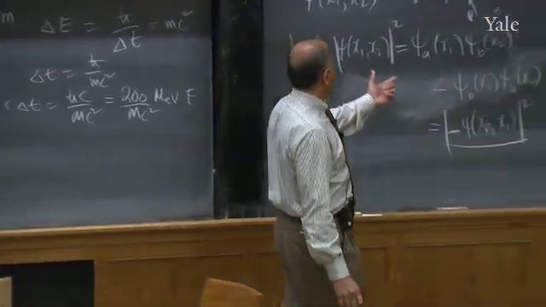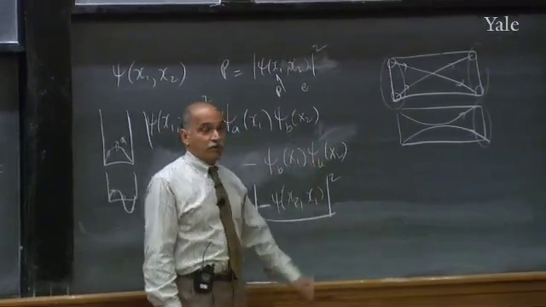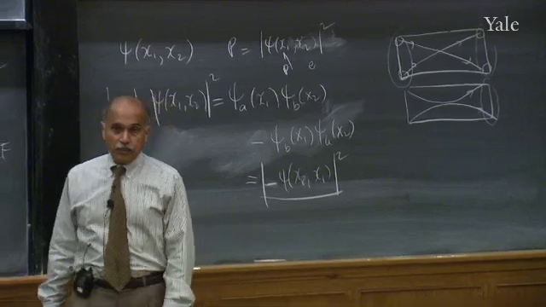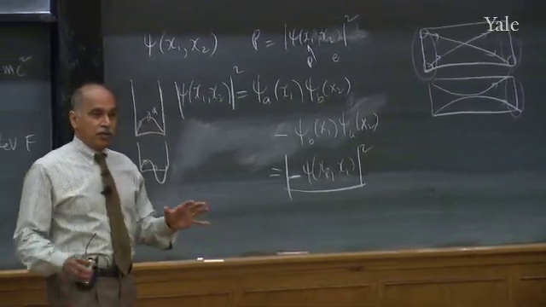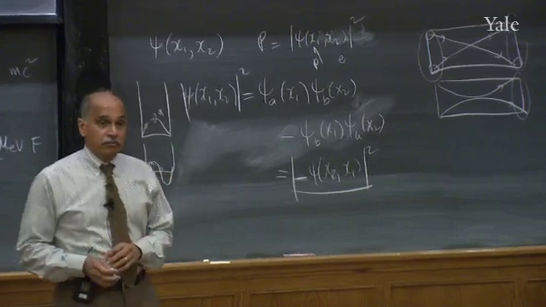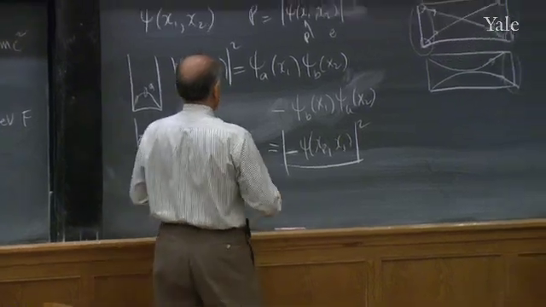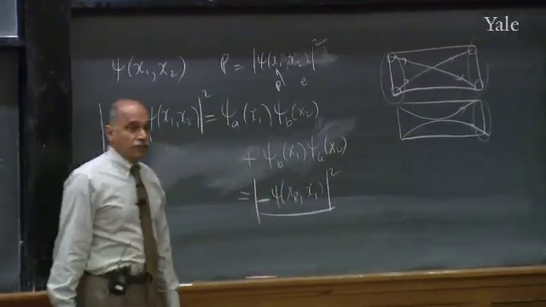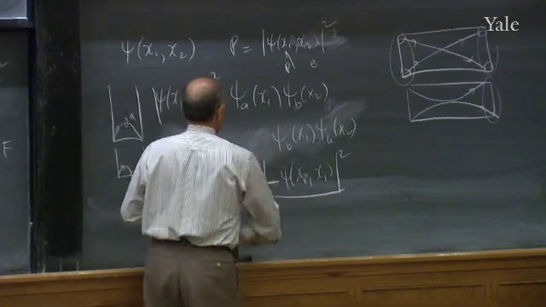Either you can take the product function and add to it the product with the reversed coordinates, or subtract from it. And the particles in the world all decide to go with one camp or the other. Particles called bosons always choose that sign. And particles called fermions always choose the minus sign.